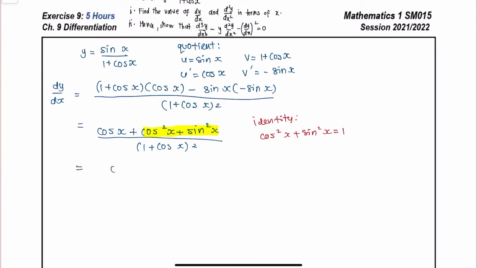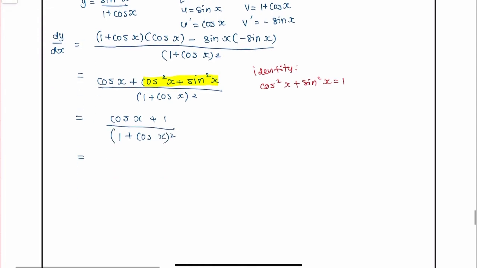So we will get cos x plus 1 over 1 plus cos x squared. Okay, simplify. We will get dy over dx equals 1 over 1 plus cos x.